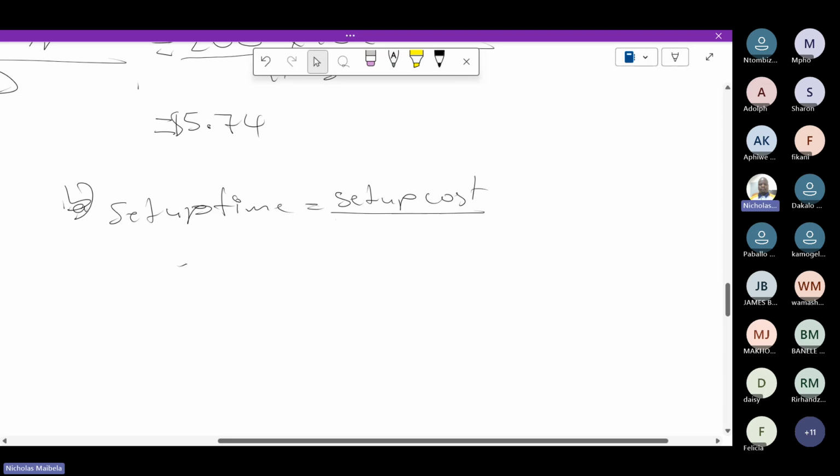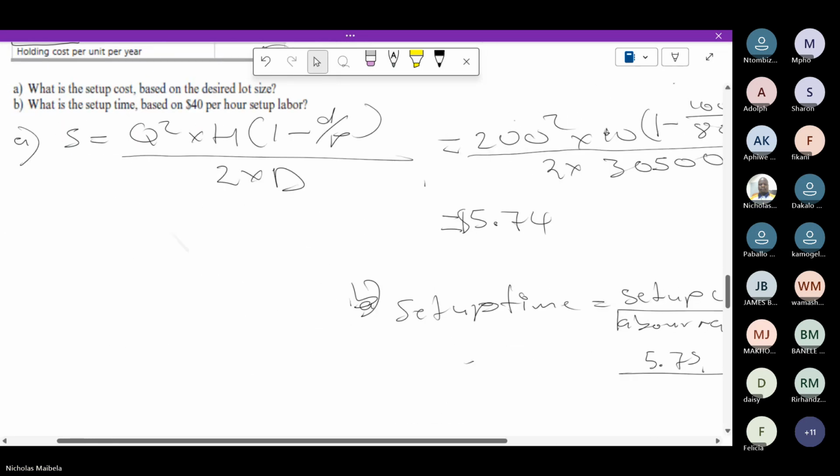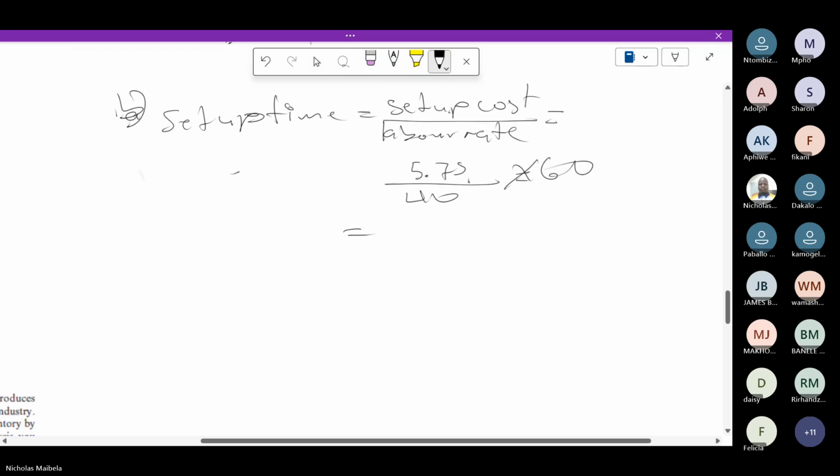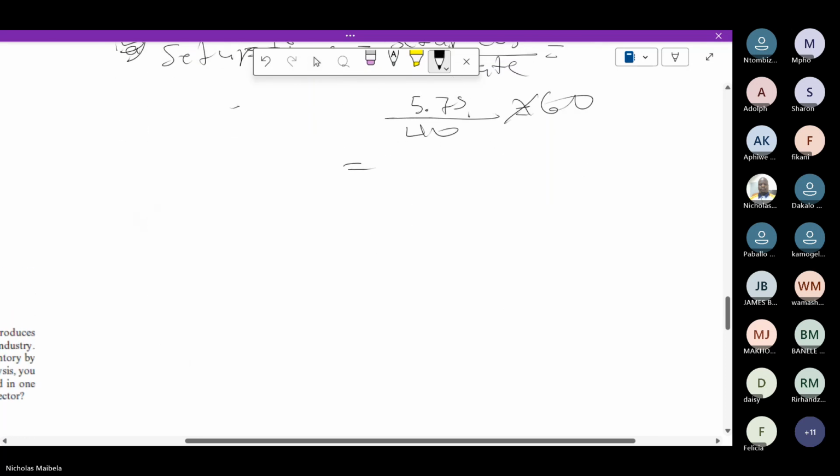So this one is the labor setup rate, which is 5.75 over, I think, 40, multiplied by 60. What is our value? 8.6 minutes.